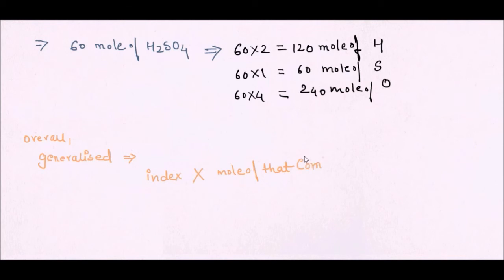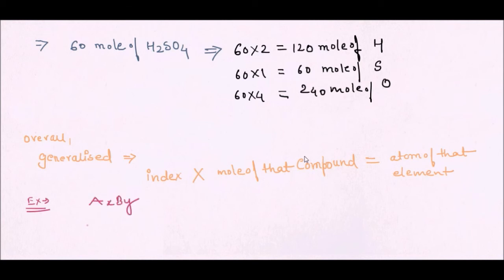Imagine hydrogen 2 into 60, sulfur 1 into 60, oxygen 4 into 60. Index into moles of that compound is equal to atoms of that particular element, like for hydrogen, for sulfur, and for oxygen. In this way I can count the total number of atoms. Index into moles of that compound is equal to atoms of that element.